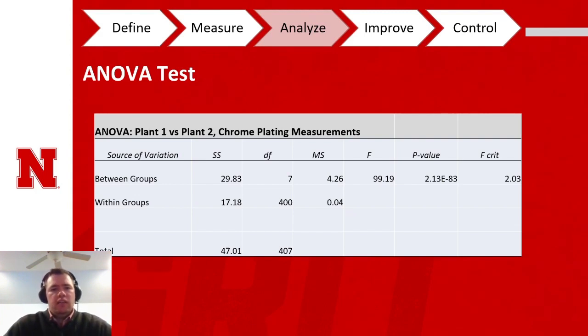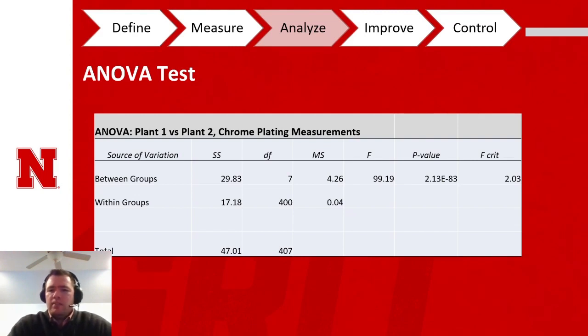And you can see here, as we look at the ANOVA table for the chrome-plated measurements, that our p-value is incredibly low. So we have a high confidence that there is a difference between plant 1 and plant 2 in the results they're finding in their metal deposition.